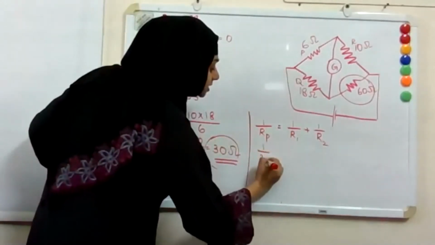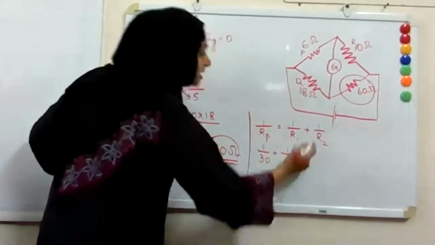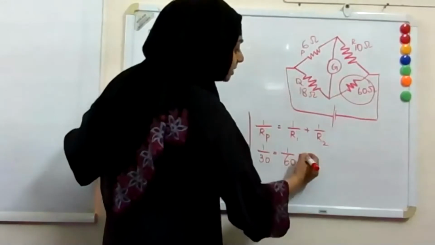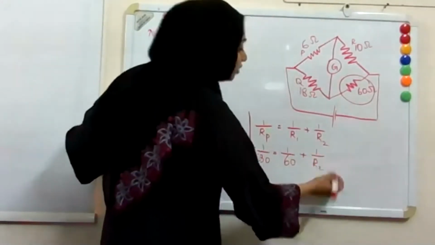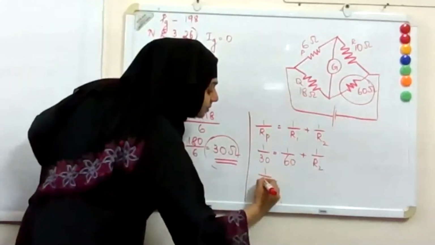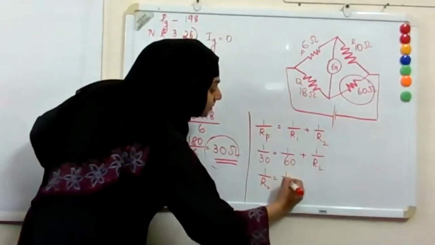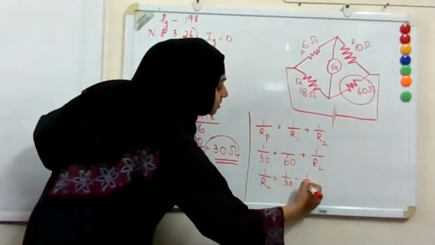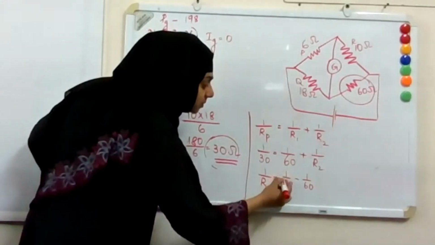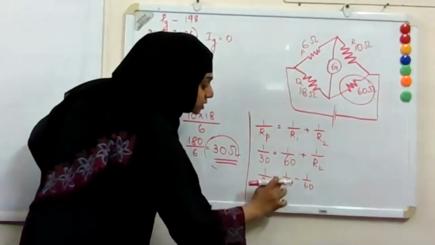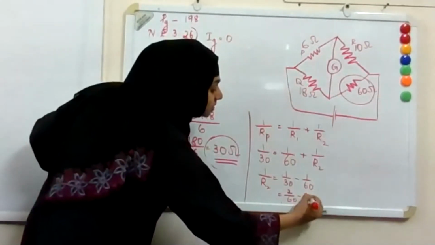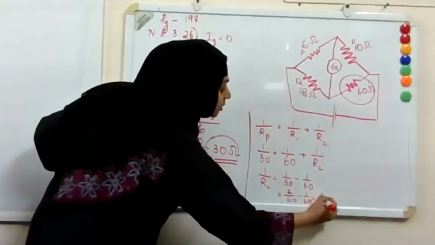So 1 by 30 should be equal to 1 by 60, one of the resistances which already exists here, plus 1 by R2, which is unknown. We don't know how much we have to connect. Then 1 by R2 is equal to 1 by 30 minus 1 by 60. To make the denominator the same, let me multiply by 2 here. So it will become 2 by 60 minus 1 by 60, which is equal to 1 by 60.